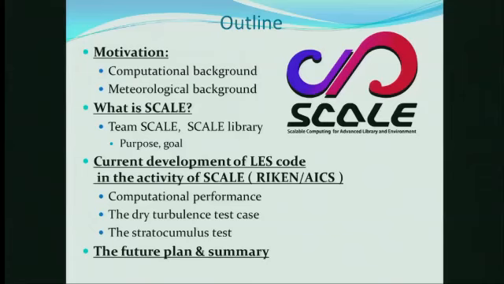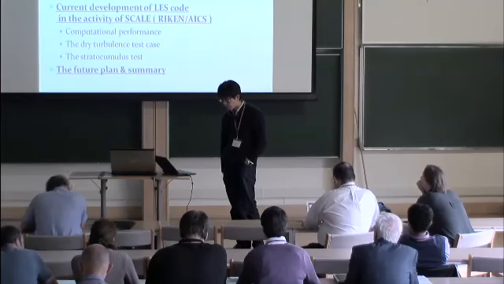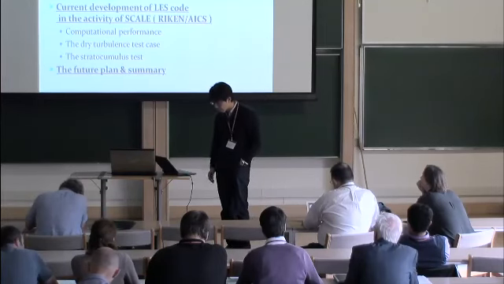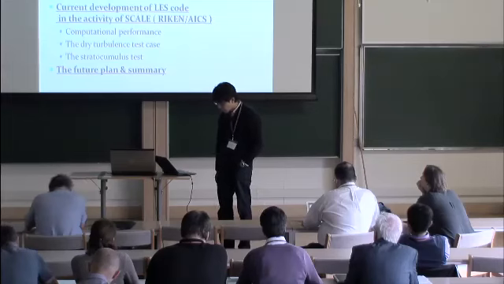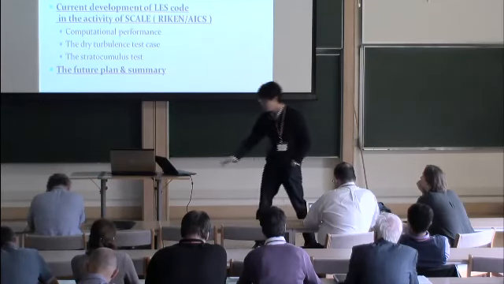After that, I will show you the current development of the LES code in the activity of team Scale. One is the computational performance and the dry turbulent test case, and also the moist test case focused on the stratocumulus phenomenon. And finally, I will talk about the future plan and the summary.